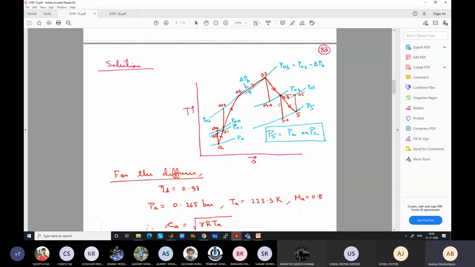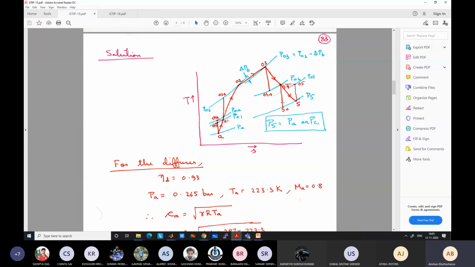Okay, and the opposite effect is seen if you increase the altitude. If you go to higher and higher altitude, the inlet temperature is lower, and inlet temperature plays a very important role.